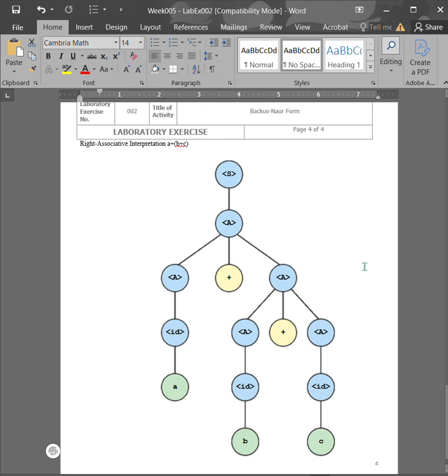So one tree interprets it as A plus B, then plus C, meaning add A and B first, then add C. And the other interprets it as A plus, then B plus C, meaning we add B and C first, then add A to the result.